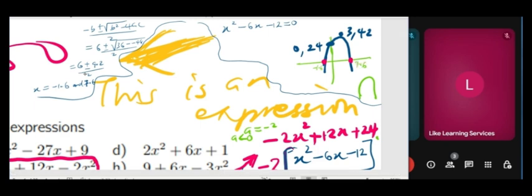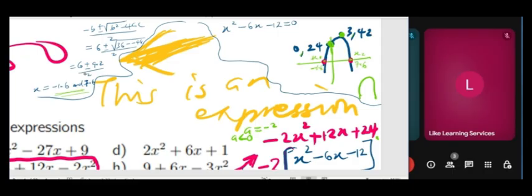If we have to sketch it fully, remember here is the intercept, which is 0, 24, while here is the vertex, the turning point, which is 3, 42. So the full sketch will look like this. The x values for the roots, which is this, minus 1.6, and that's x1 and x2 here.